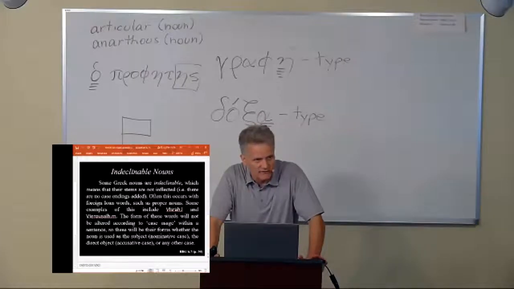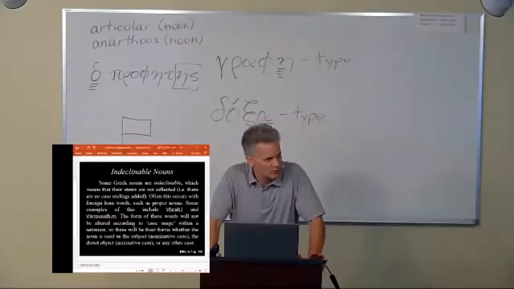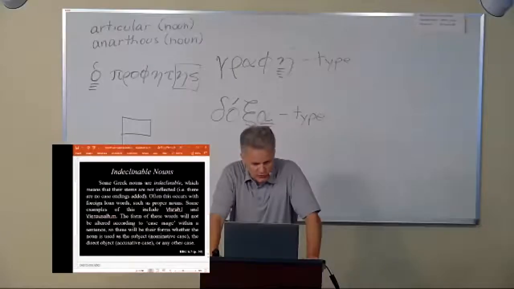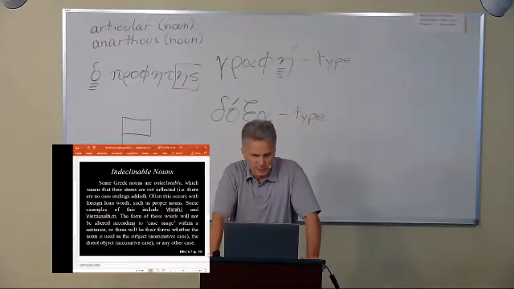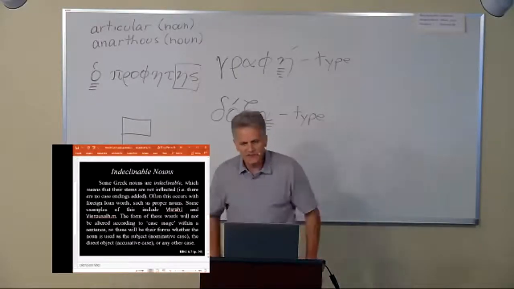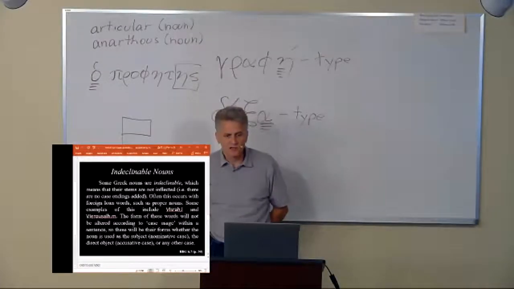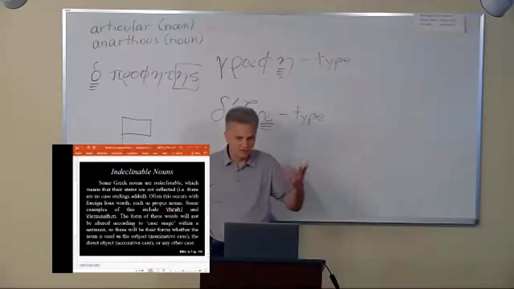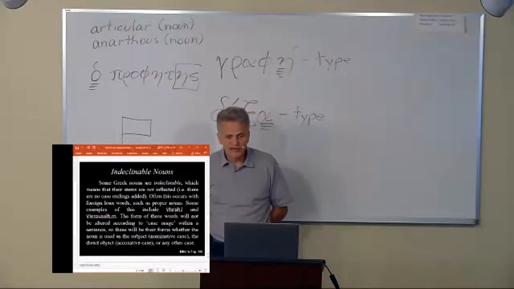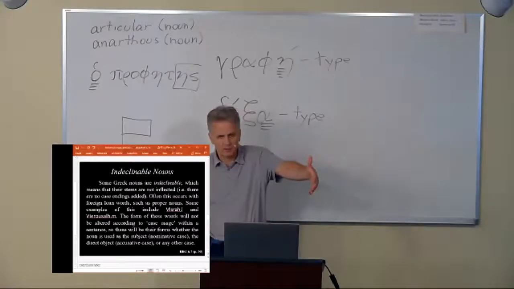They're just frozen in time as a root form, a stem form. And again, usually this is because it's a foreign word that's been brought into Greek. The form of these words will not be altered according to case usage within a sentence. So these will be their forms whether the noun, such as Israel, is used as the subject, nominative case, the direct object, the accusative case, or any other of the cases that we'll be learning.